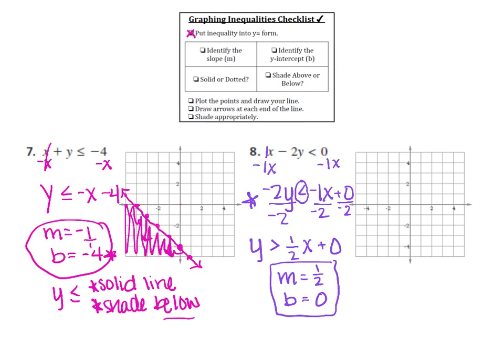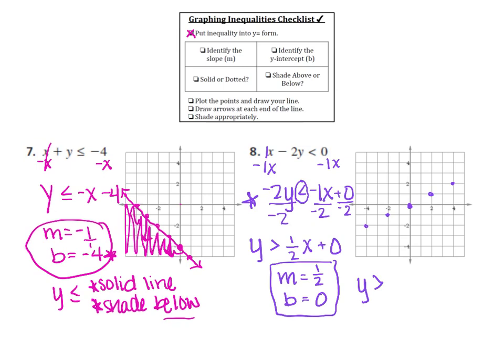So I start at 0, and I go up 1 over 2. Up 1 over 2. Up 1 over 2. Or backwards would be down 1 and backwards 2. Now, once I have those points on my graph, I decide how do I connect them. Do I connect them with a solid line or with a dotted or dashed line? So it says y is greater than.